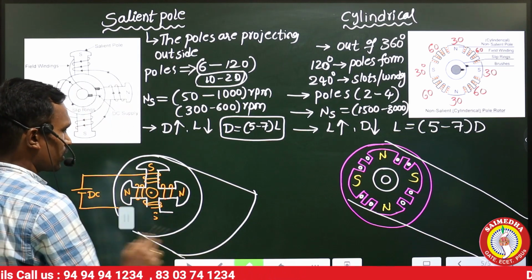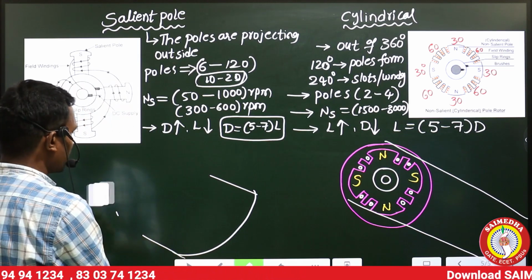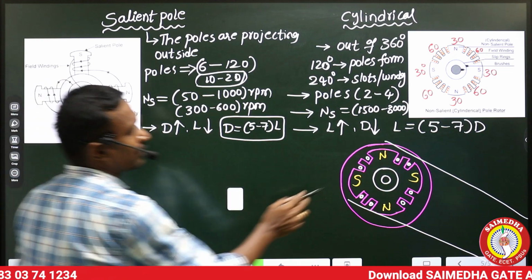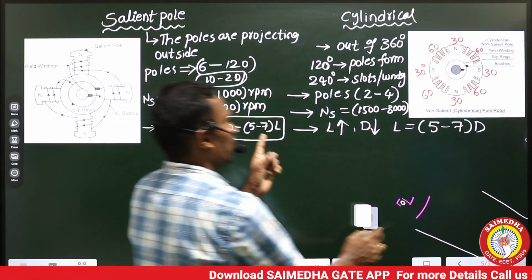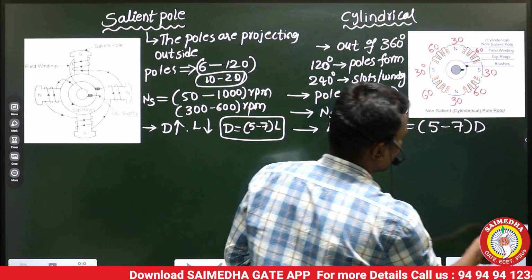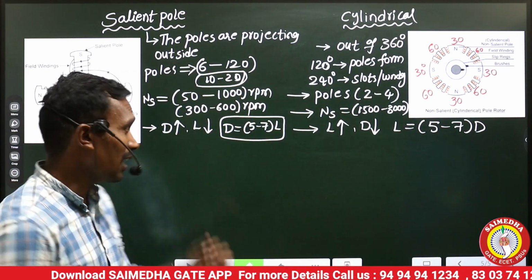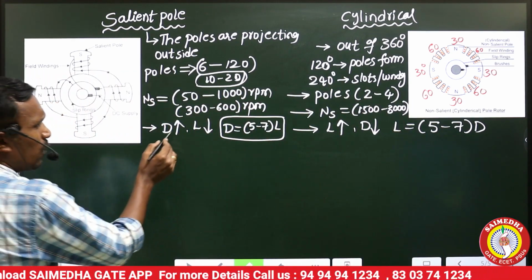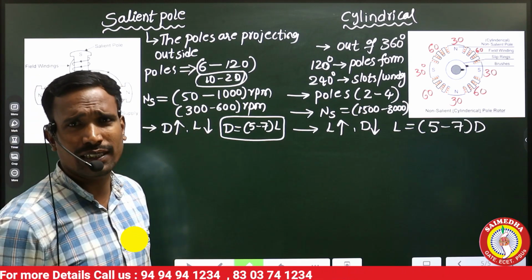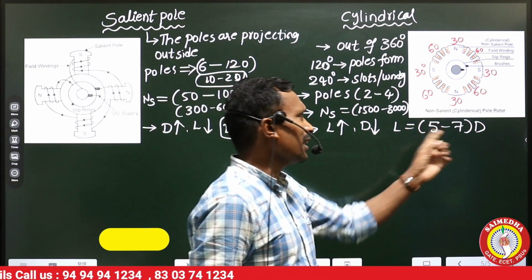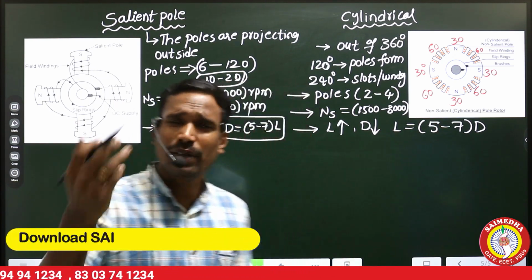After this, when the diameter is more, ultimately the speed of the machine reduces. When the diameter is less, ultimately the speed of the machine increases.